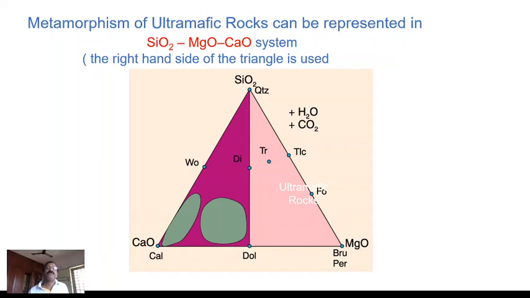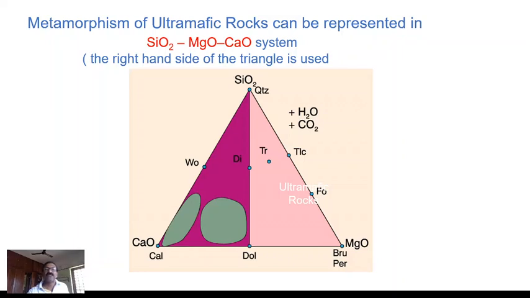So this is the system in which you can represent your ultramafic rocks. You can see here there is a right hand side and left hand side. The left hand side you know, because I have already told you about the representation of metacarbonates. Normally it is represented on the left hand side of the figure.